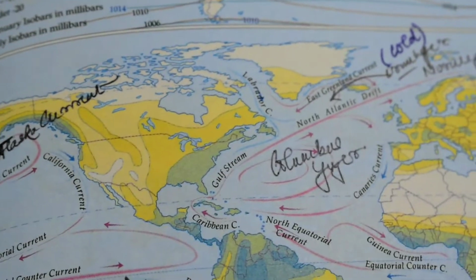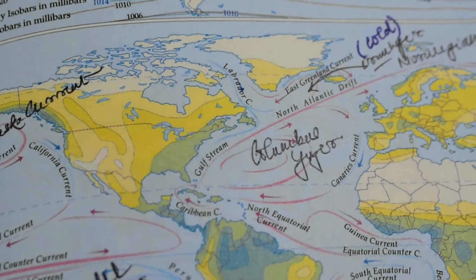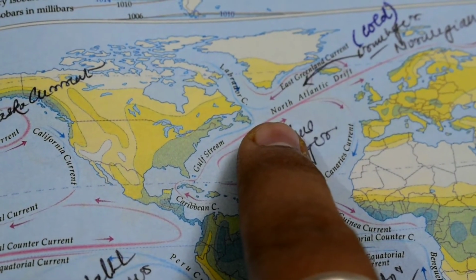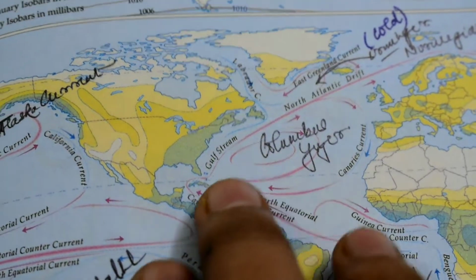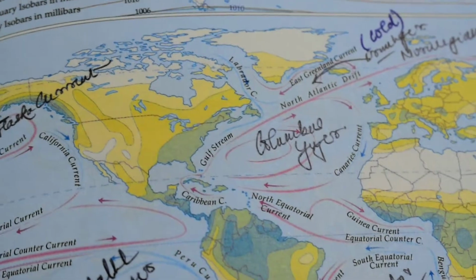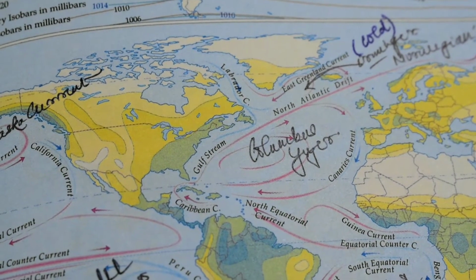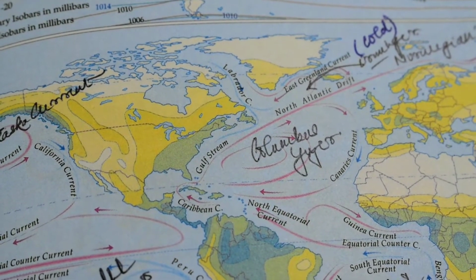This Newfoundland is the meeting place of two currents, one warm current and one cold current. The Gulf Stream, in red you can see, is the warm current which is coming, and the Labrador Current, which is coming down, is the cold current. This warm current and the cold current meet in Newfoundland, and Newfoundland is one of the foggiest areas in the entire world.